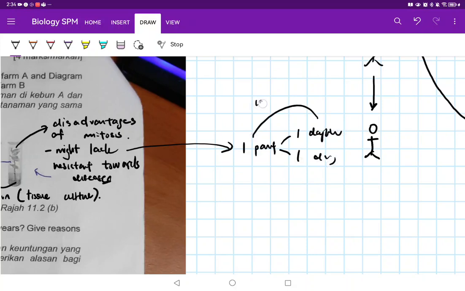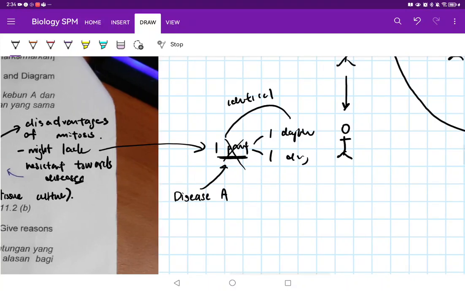They are identical. Means that if, let's say, the parent cell is not resistant towards disease A, if disease A goes into the parent cell, or the parent plant, it's going to die, right?